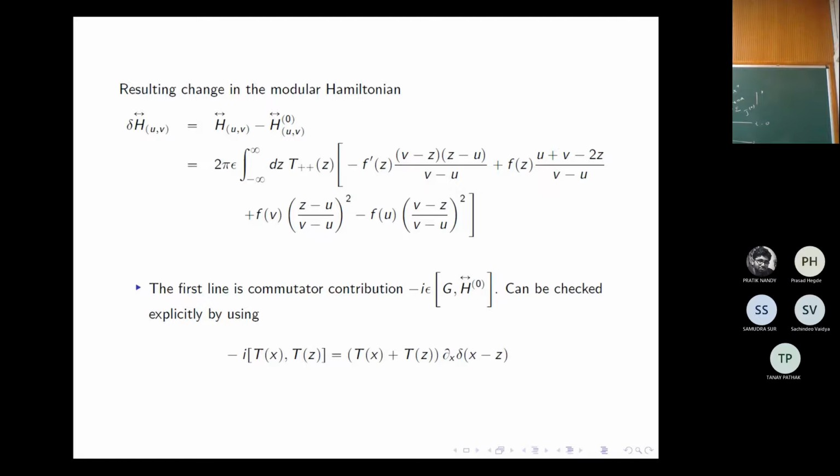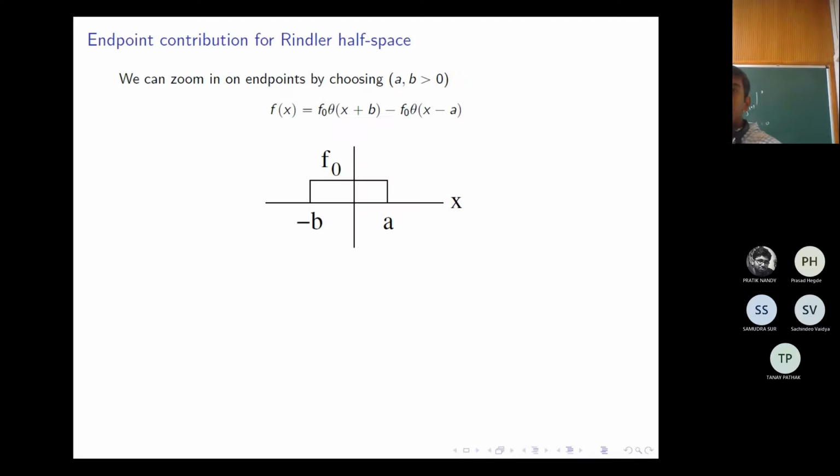And then we are adding delta H A minus delta H A part to get the delta H. As I said, the second line is an endpoint contribution because it vanishes if f of u equals f of v equals 0, and that is precisely the non-commutator piece. You can figure out how much that is in this fashion. You take f of z.